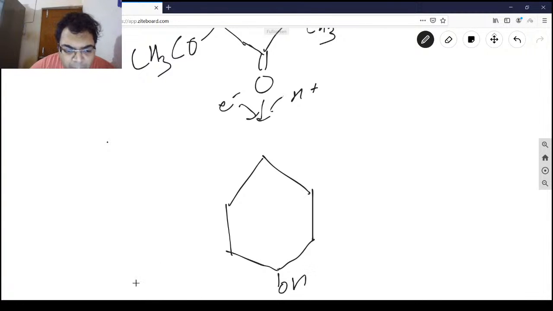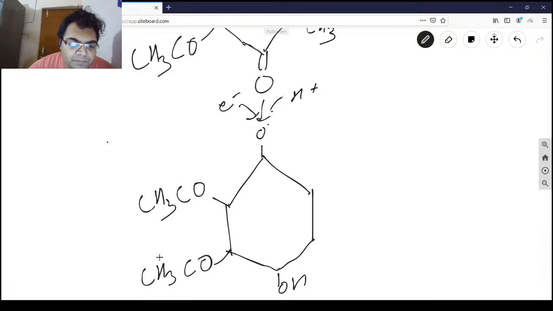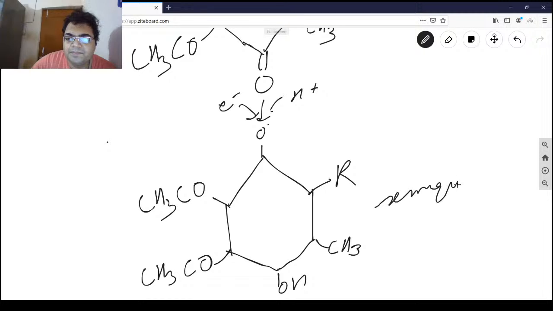One double bond O has now become OH, and this has become the radical form, O radical. The other side stays the same, and I call this the R group to make it shorter. This is known as semiquinone.